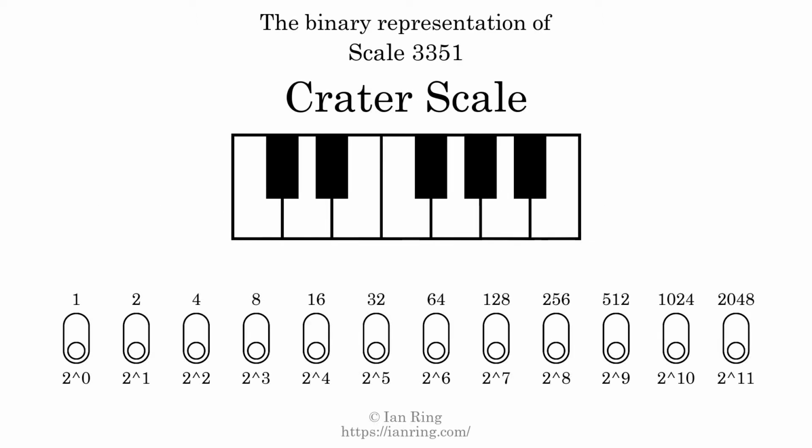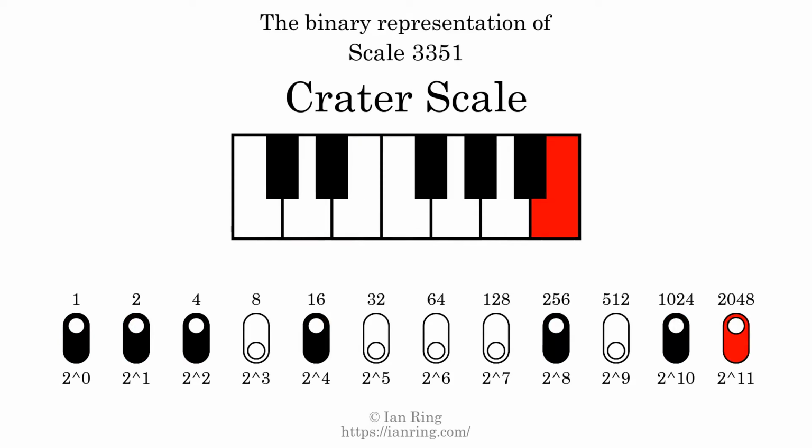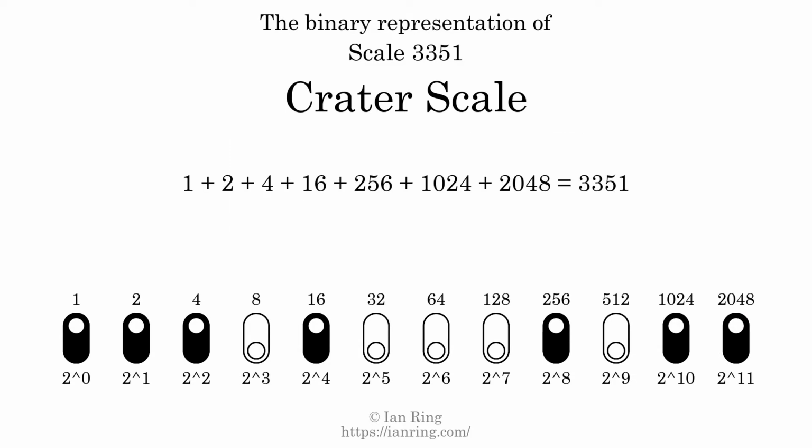The binary representation of this scale is determined by mapping tones of the scale to binary digits. Each binary digit represents a power of 2. To get the scale number, we add the powers of 2 together. The powers of 2 that are present in the scale, all added together, equals 3351.